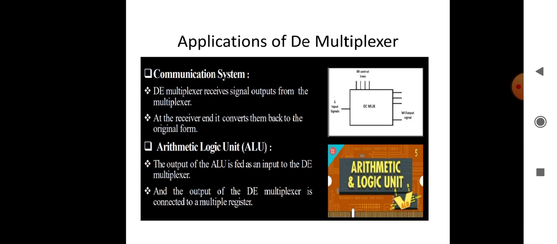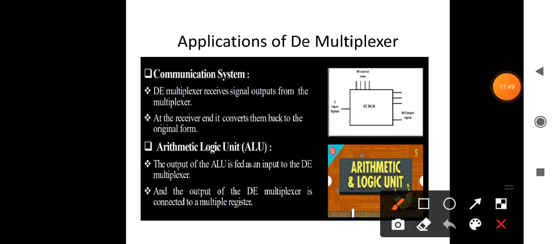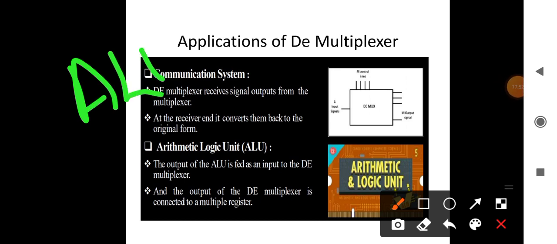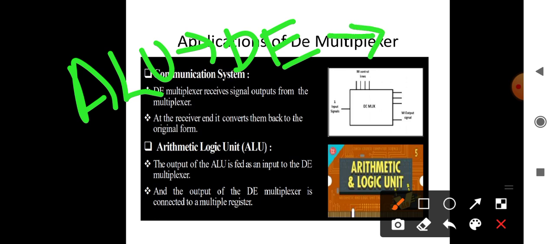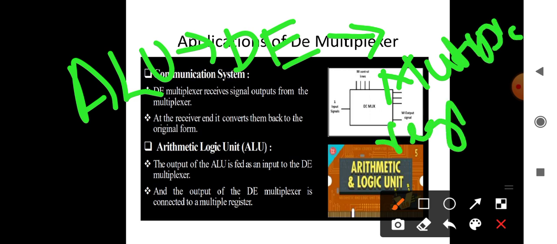The output of the ALU is fed as the input to the demultiplexer, and the output of the demultiplexer is connected to multiple registers to store the data.